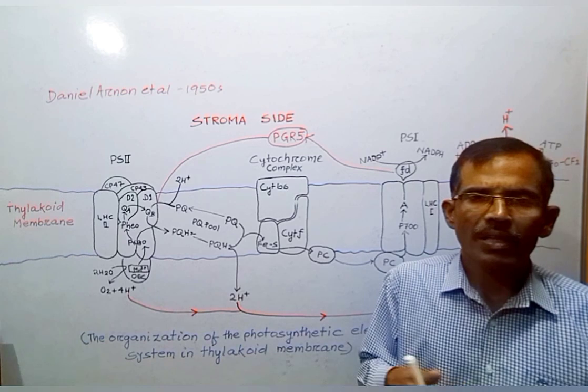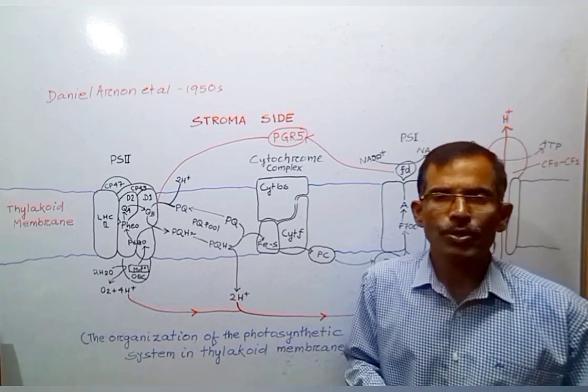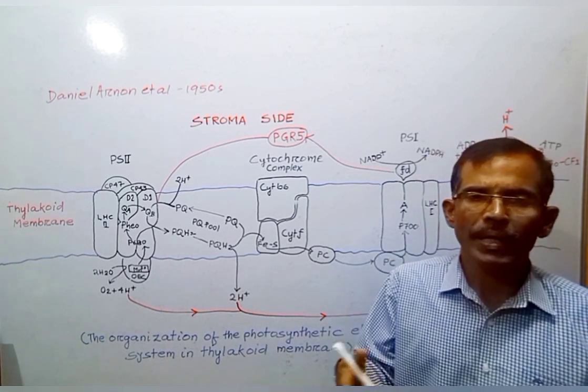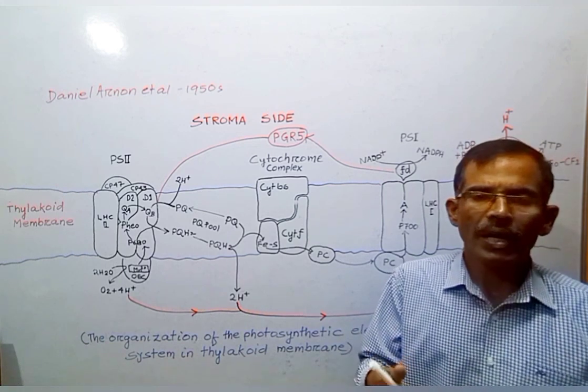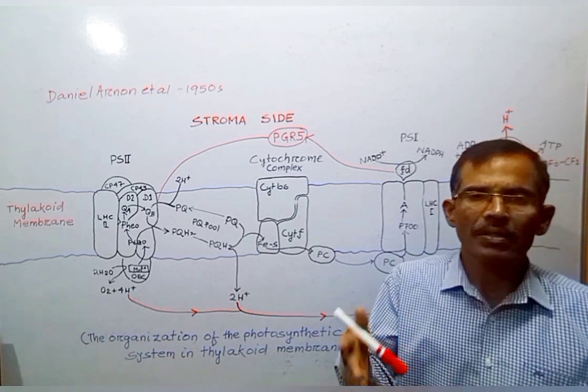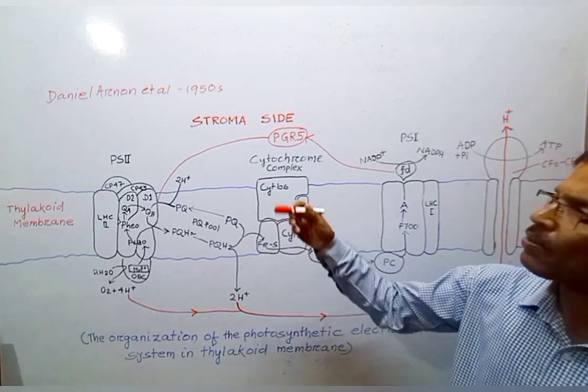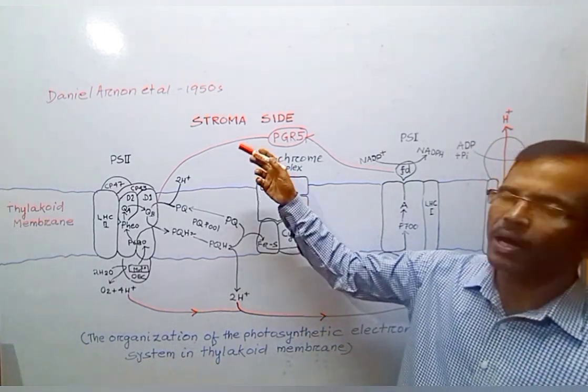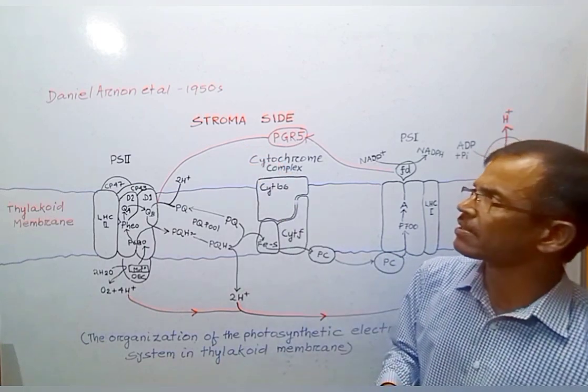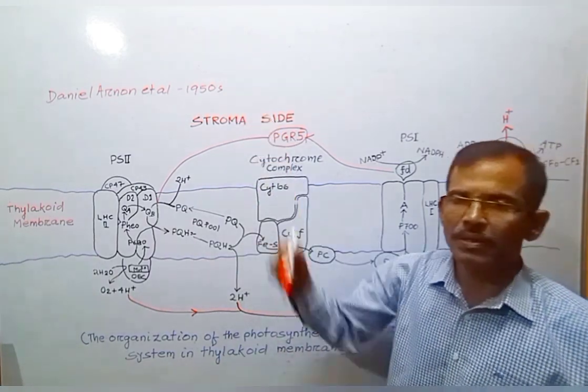It is thought that cyclic photophosphorylation is the source of ATP over and above that required in the carbon reduction cycle. Photophosphorylation was discovered by Daniel Arnon and his co-workers in the 1950s.